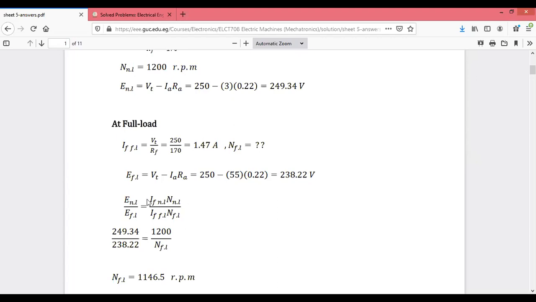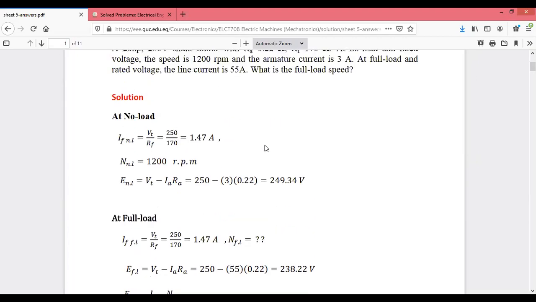So if you write the ratio of the EMF at no load to the EMF at full load, it will become equal to the field current at no load times the speed at no load, over the field current at full load times the speed at full load. Here F is for full load and L is for no load, and the field current is I f. So firstly we will solve it stepwise.